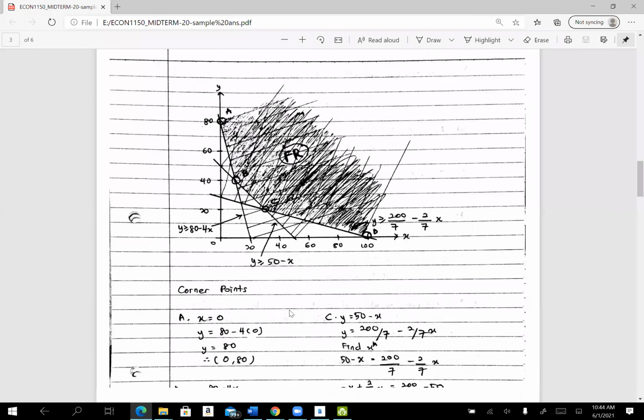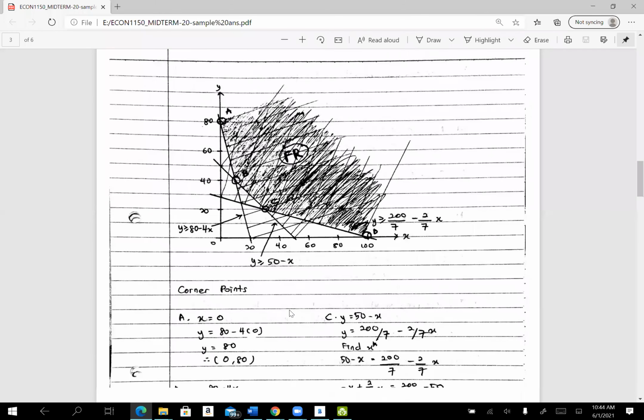So here are the corner points, all right? Okay, this is how we find point B. Point B is the intersection between this line here, y equal to 80 minus 4x, and y equal to 50 minus x.